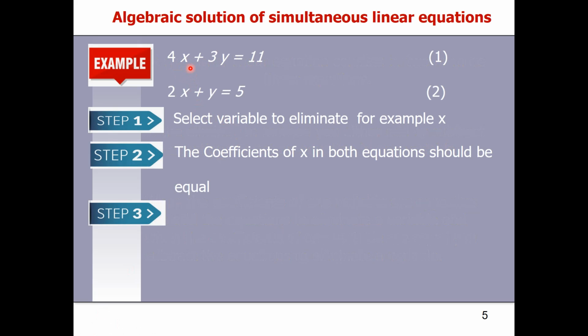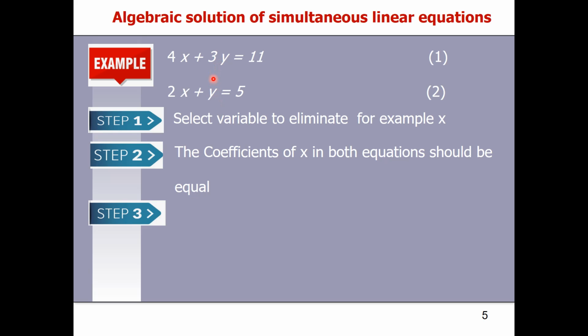Example, 4x plus 3y equals 11. This is the first equation. The second equation is 2x plus y equals 5. So we need to solve these two equations. Solving the two equations means finding the values of x and y that will satisfy both equations simultaneously, at the same time.